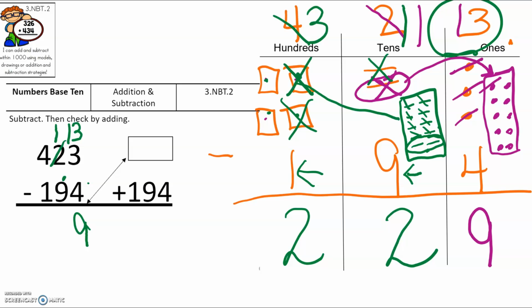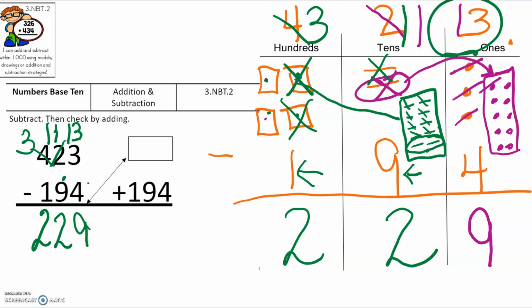Coming over here, I have 9 tens that I need to take away, but I only have 1. So I come to the hundreds. I take away 100 and regroup it into 10 tens, which leaves me 11 tens. 11 take away 9 is 2. And 3 hundreds take away 1 is 2.